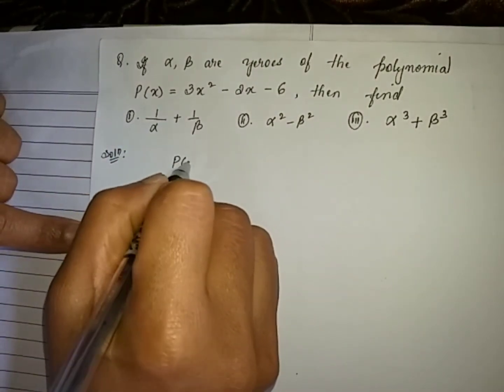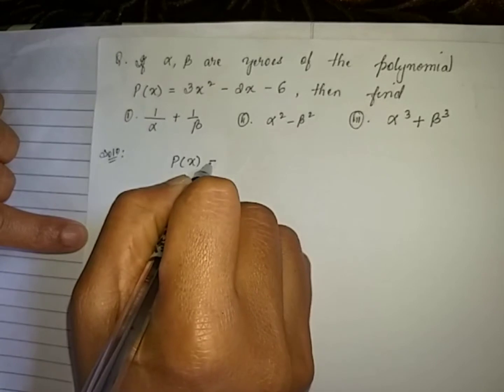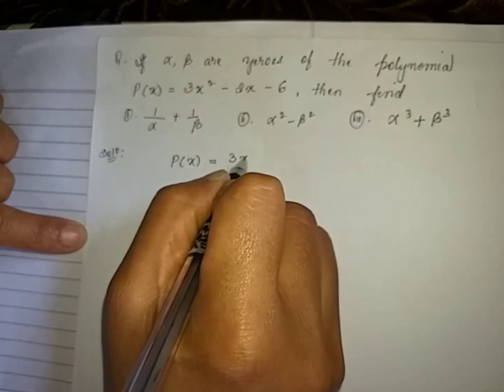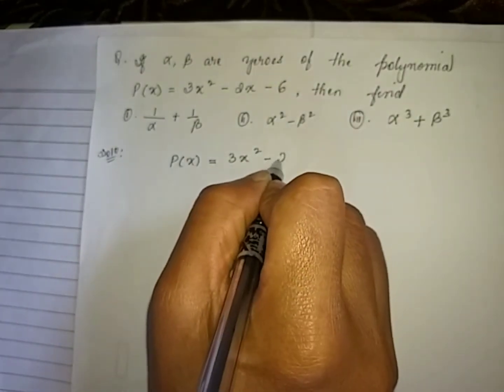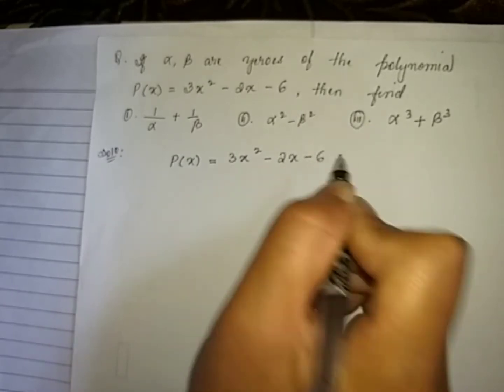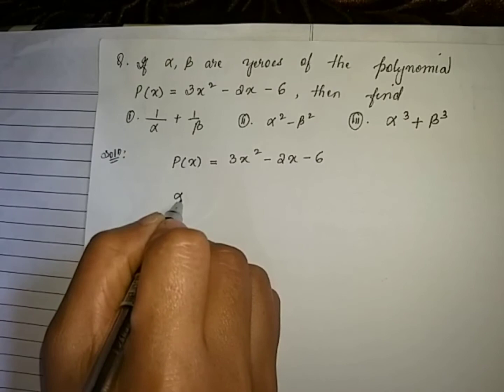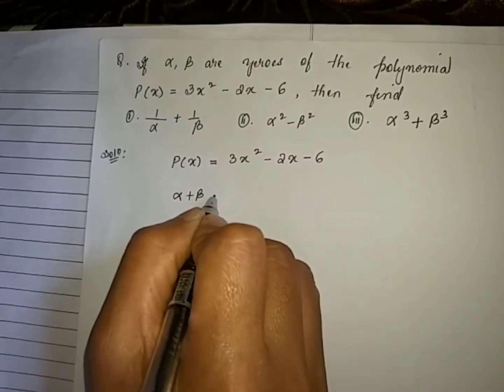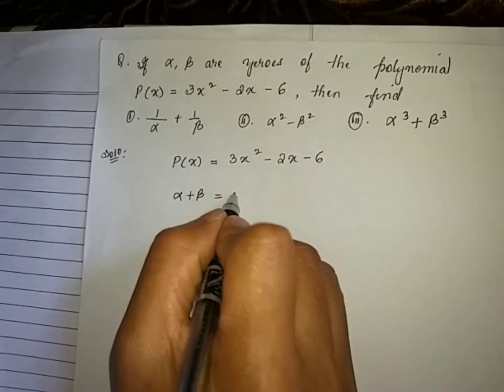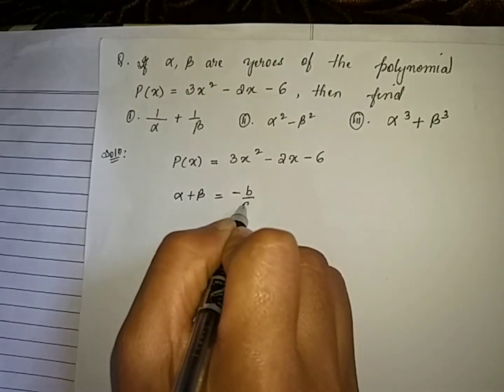The given polynomial is p of x equals 3x squared minus 2x minus 6. Now what we know is alpha plus beta is equal to minus b by a.